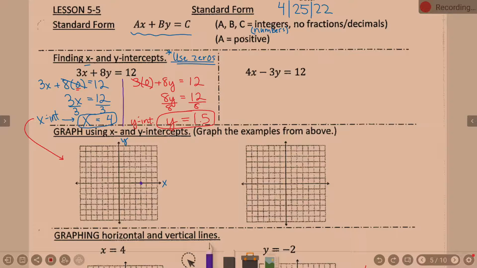We have a y-intercept of what? 1.5. It's going to be a positive 1.5 on the y-axis, so it is up. You're going up 1.5 boxes. So go up 1, and I'm going to land between 1 and 2.